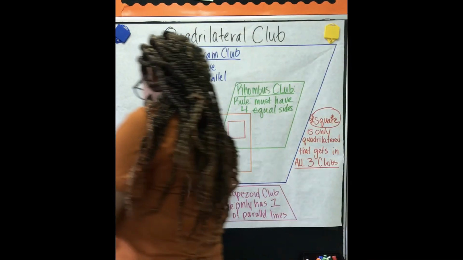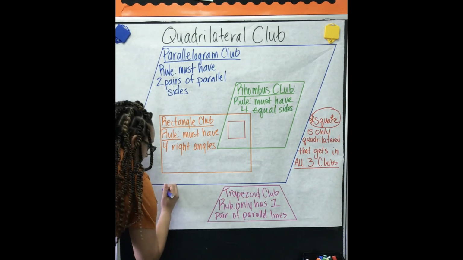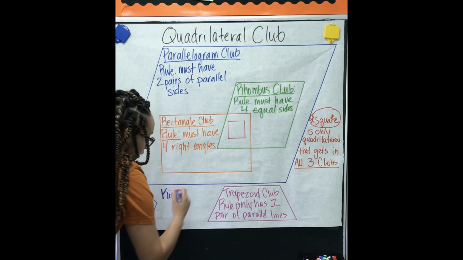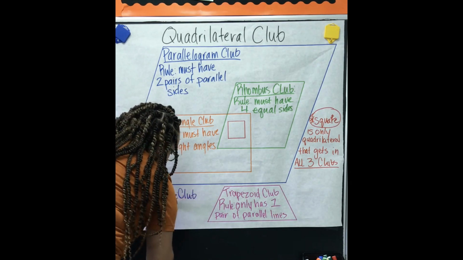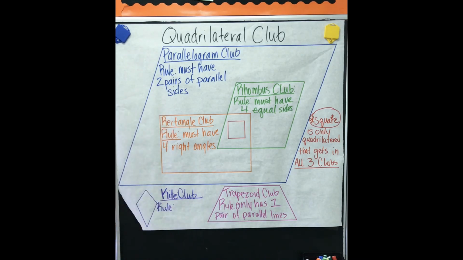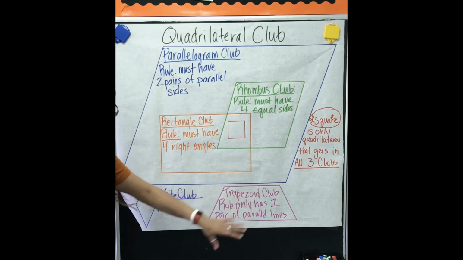And our last shape is going to be a kite. And if you look, it looks just like a kite. So the kite club rules, it is still a quadrilateral, but it is not a parallelogram and it's not a trapezoid.